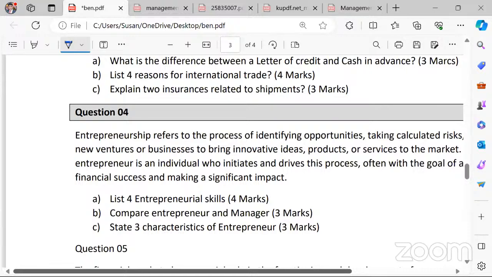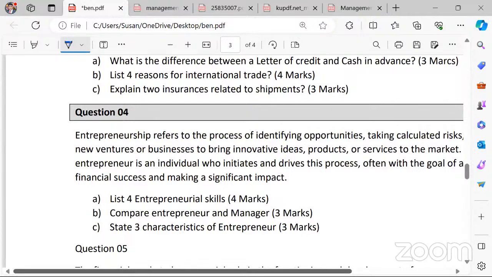Manager is thinking about organizational benefits, not social benefits. That is the difference between manager and entrepreneur.